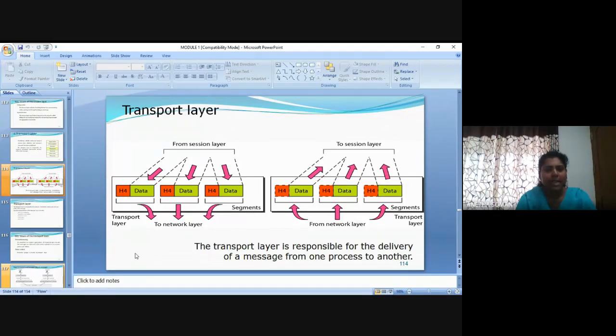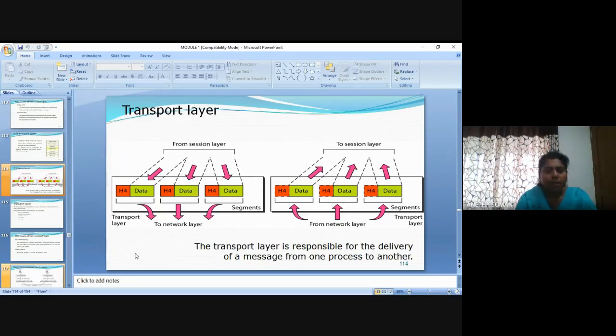Right? So what do you understand by the term segmentation? Segmentation means the data coming from the session layer is divided into small data units, and those small data units are called segments. Each segment contains three things: the sequence number, the port number, and the data unit.